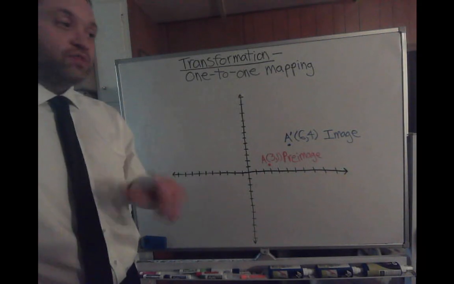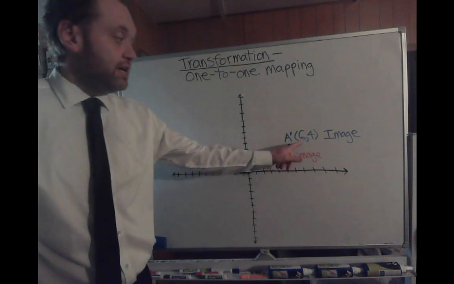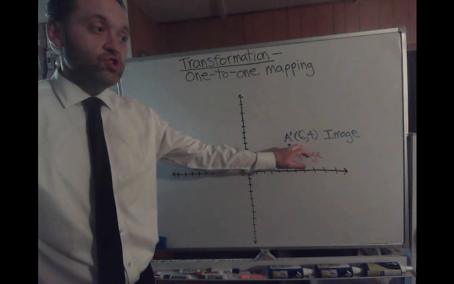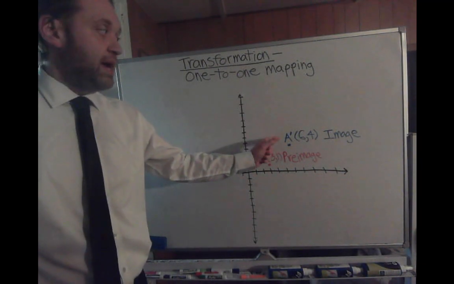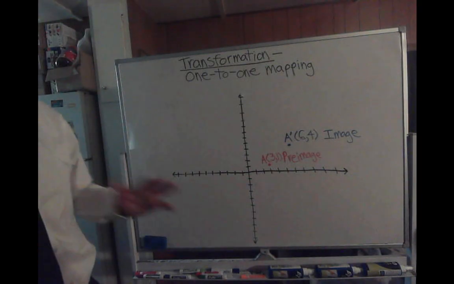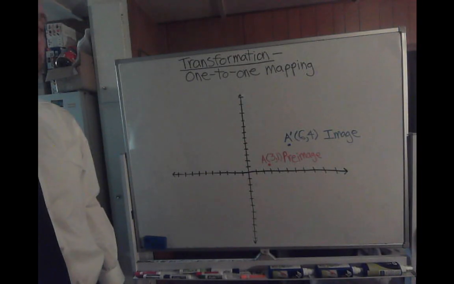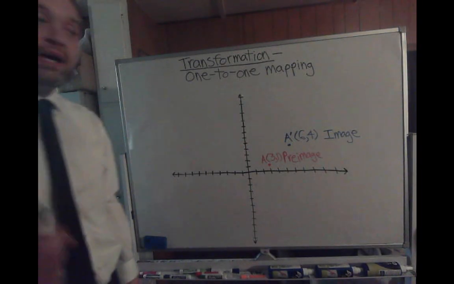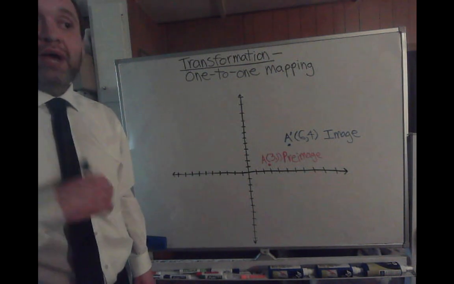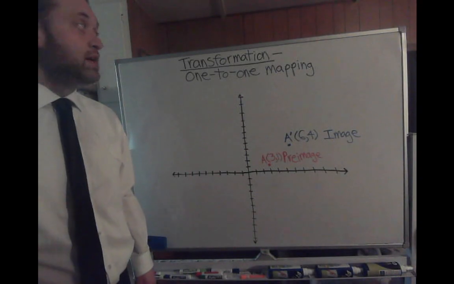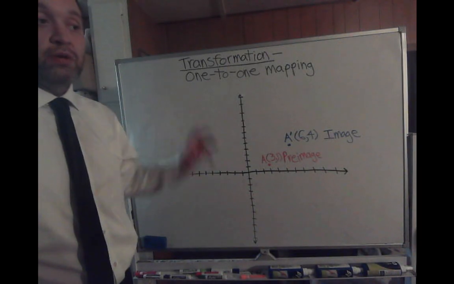So you could think of the preimage as your domain and the image as your range, right? The values you'll get out of the mapping. If this image had more than one preimage, it would not be a one-to-one mapping. And that can happen if you're using quadratic functions to try to map stuff. That will actually make it a non-transformation because then it would not be a one-to-one mapping.